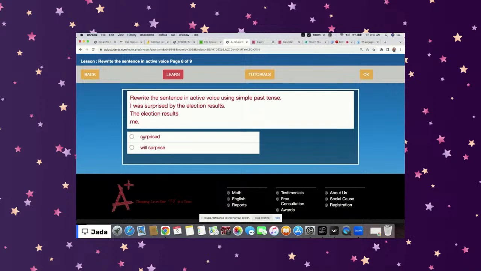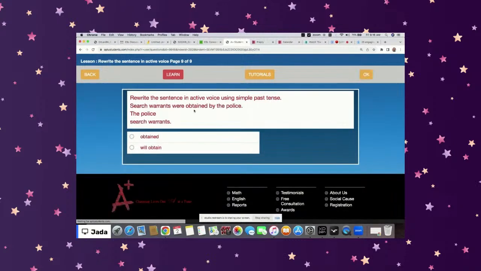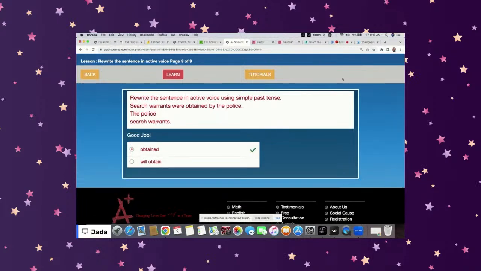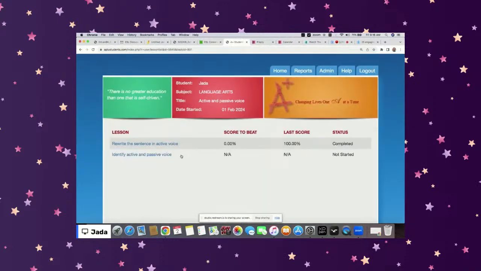The election results surprised me. Such warrants were obtained by the police. The police obtained such warrants. So that's it for active voice to passive. It's very basic, very easy. If you understand the pattern, then you can solve and answer your questions.